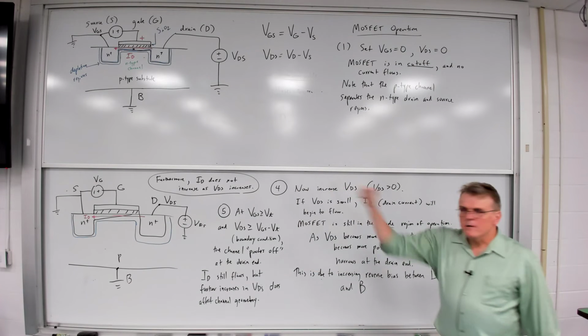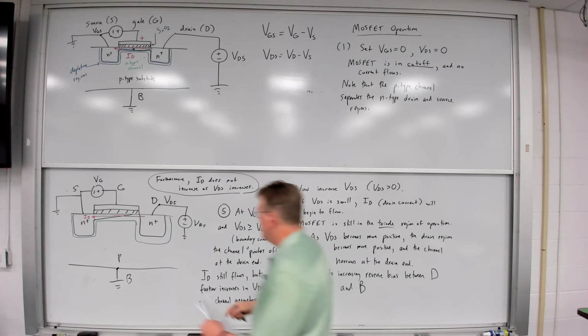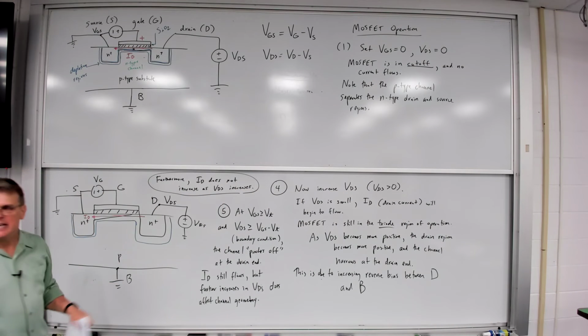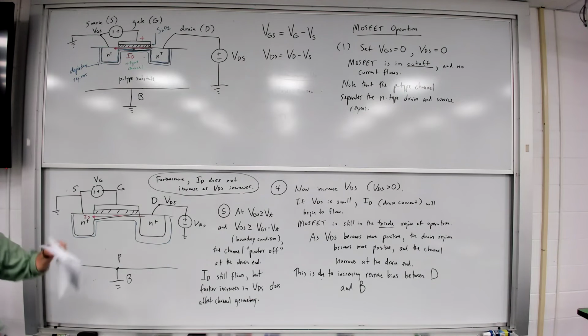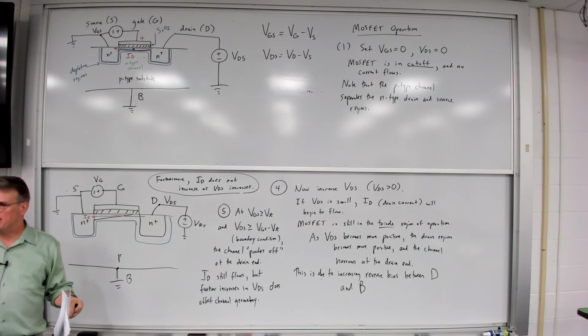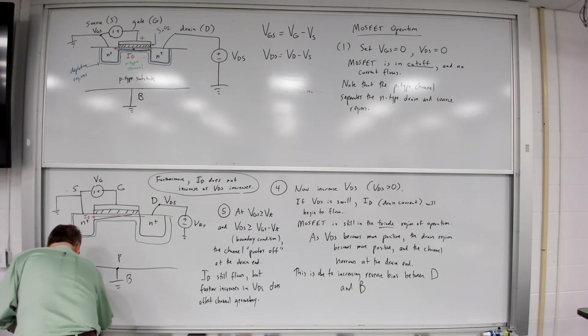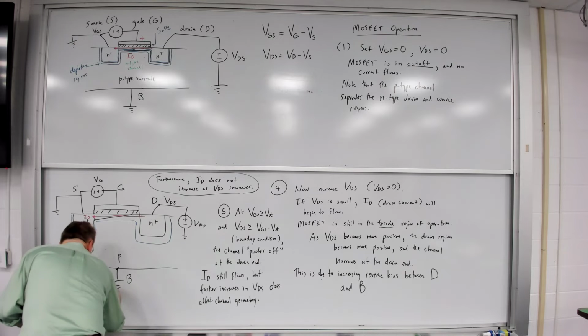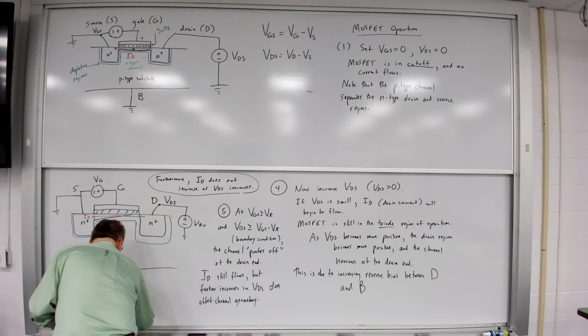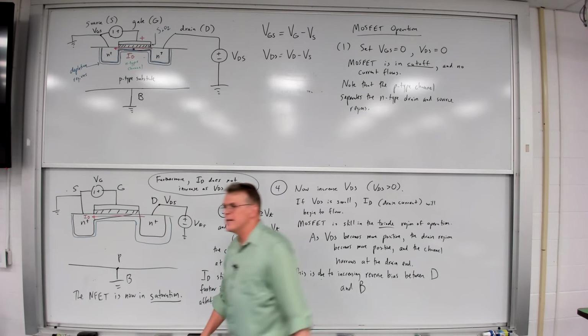Okay, once I'm in this region where I pinched off that channel, now I say the NFET is in saturation. The drain current has saturated, okay? It's not going to get any larger as I increase VDS. So the NFET is now in saturation.